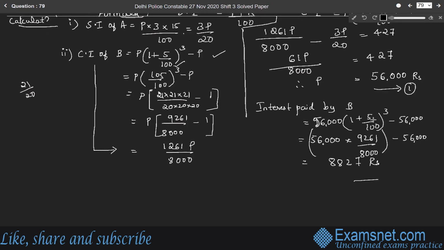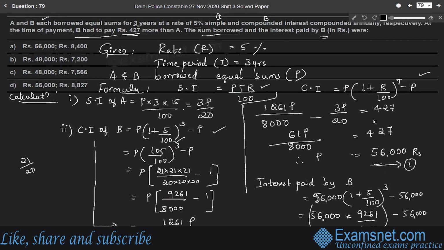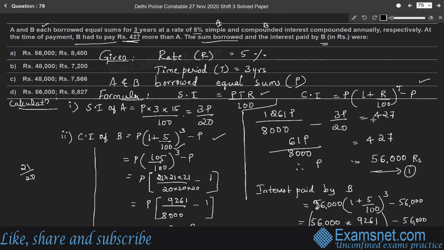So interest paid by B is 8,827 rupees and the principal amount is 56,000. Therefore, option D is the right answer.